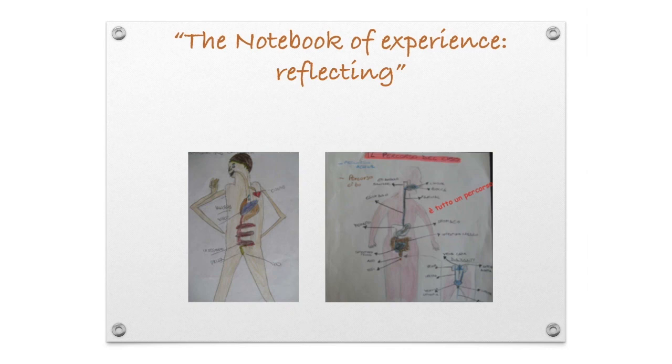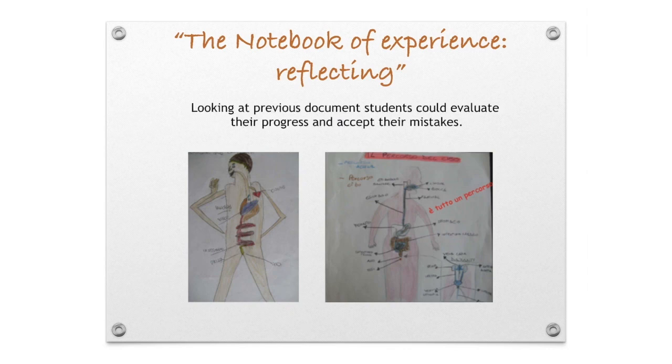Going back to previous pages, the students can see that they have made some progress and so accept their mistakes. Here we have an example. About the digestive system, we have two different drawings by the same student, and the first one is not so detailed as the second one.